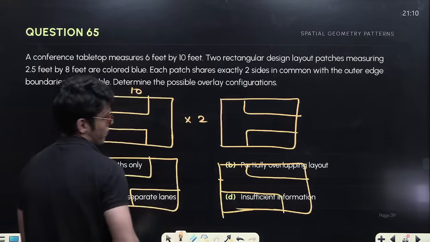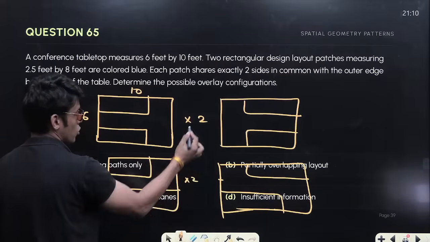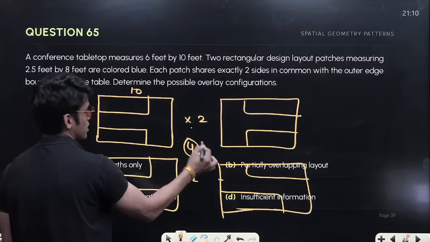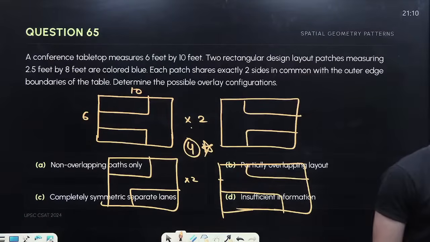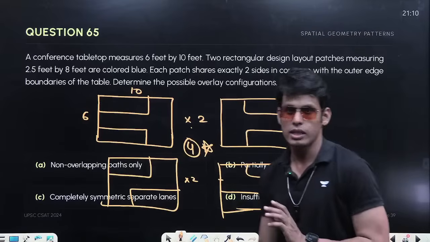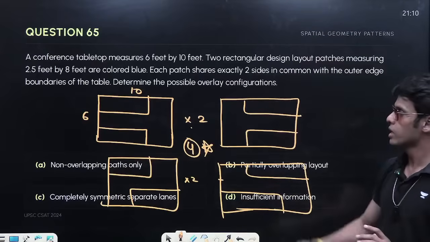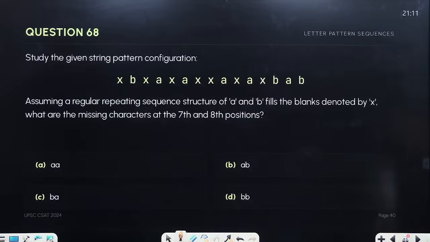So 2 plus 2, 4. 4 cases are there. 4 tabletop designs are possible in this case, in my opinion, right? This should be the answer.